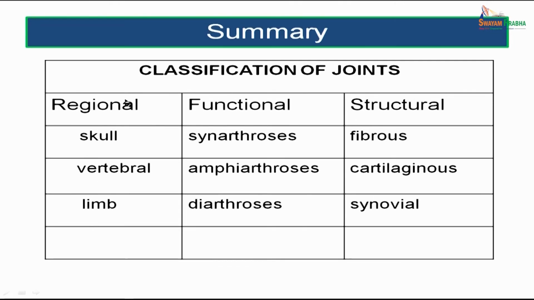So, to summarize quickly, regional, functional and structural, these are the three classifications. Under regional we have skull, vertebral and limb joints. Under functional we have synarthrosis, amphiarthrosis, diarthrosis. Under structural we have fibrous, cartilaginous and synovial. Now we will do each one of them in detail.